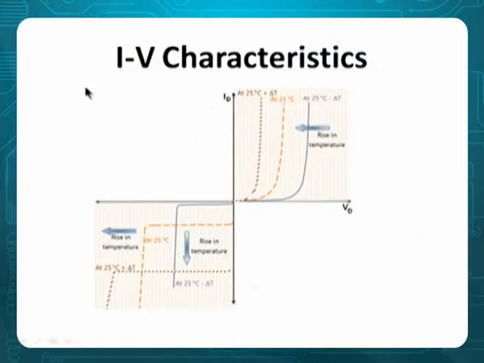Now I'm just showing the IV characteristics. Some people call it IV, some people call it VI, it doesn't matter. Here, this is at one temperature, and this is at another temperature. This is basically room temperature. There is a forward and a reverse region. So you can use it as a regulator both in the forward and reverse, but in the forward, after all, the voltage is very low.